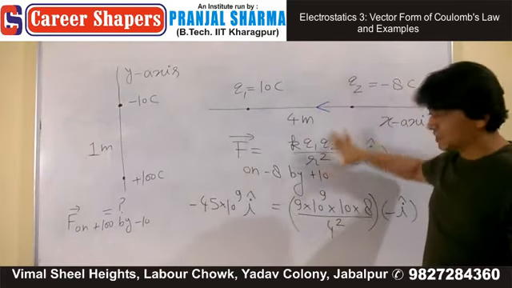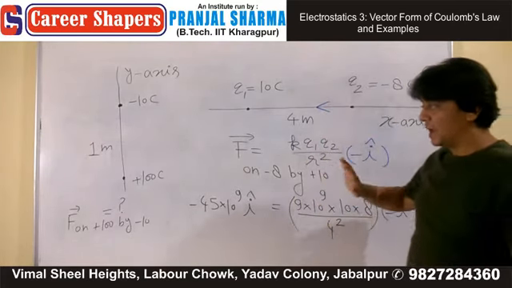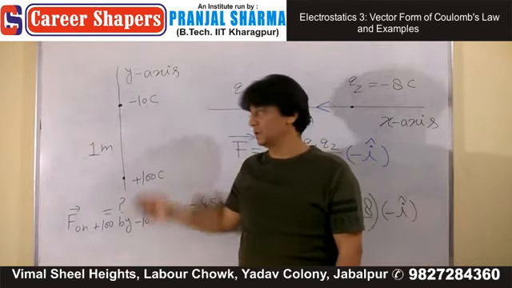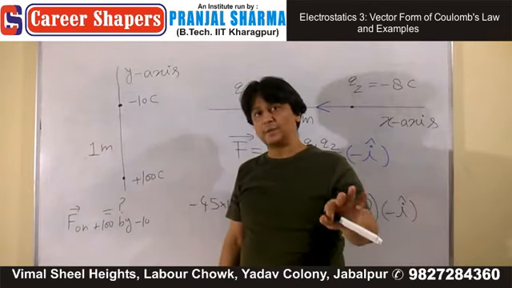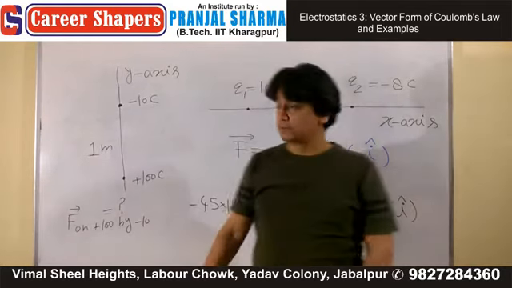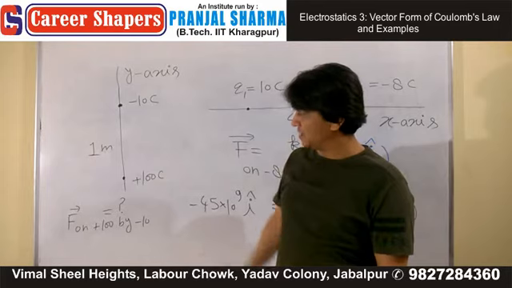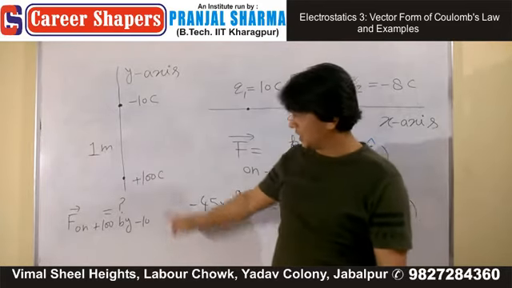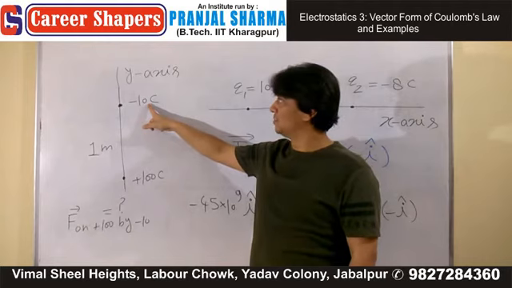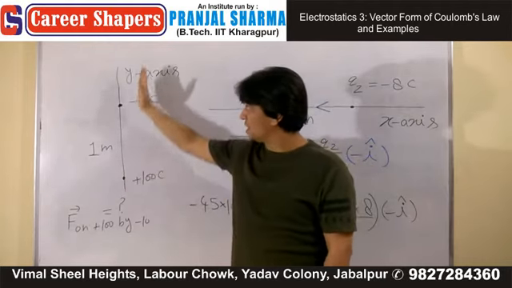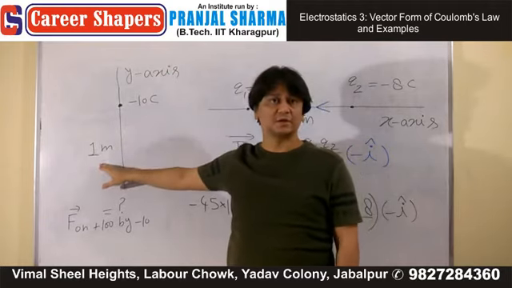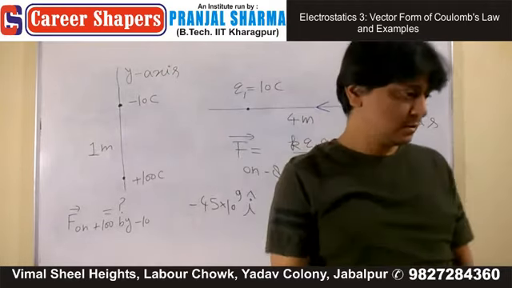Take help from what we did, and produce a correct answer for this question. Take your time, and then write down your answer in the comment box. Force on 100 coming from minus 10 coulomb. Both charges are placed on the y-axis. Separation between the charges is what? 1 meter.